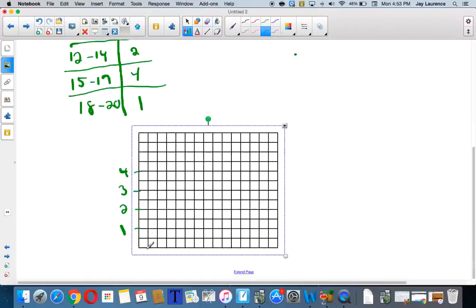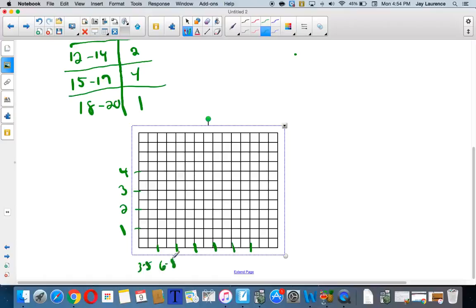So let me see here. I've got to get to 15, so I'll count up the squares. Okay. And so this is going to be from 3 to 5.